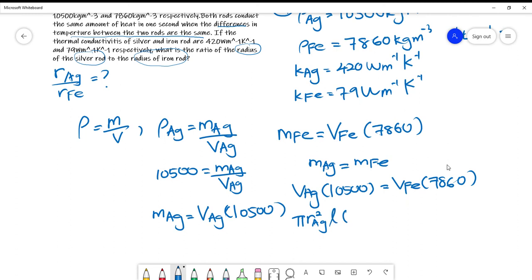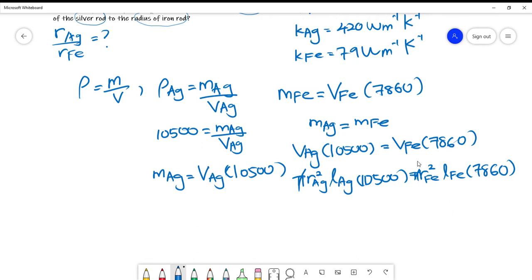Let me write it more properly. So this one is 10500 times pi r square for the silver times its length, equals pi r square for the iron times the length of the iron times 7860. Both pi can be cancelled.